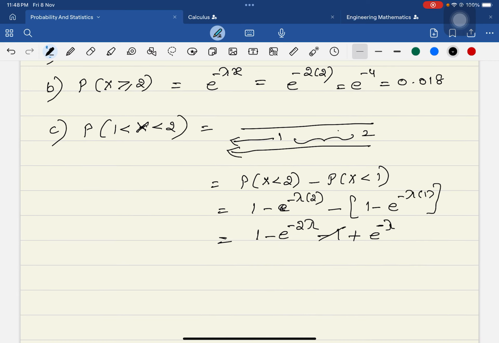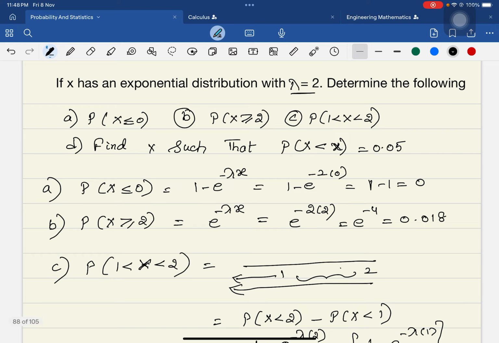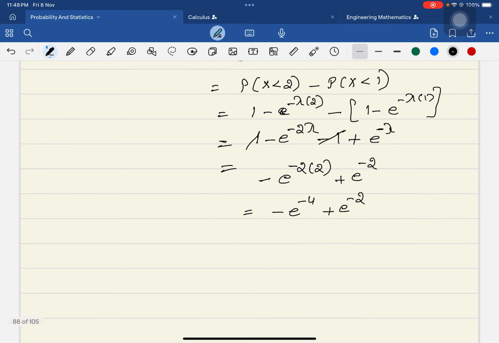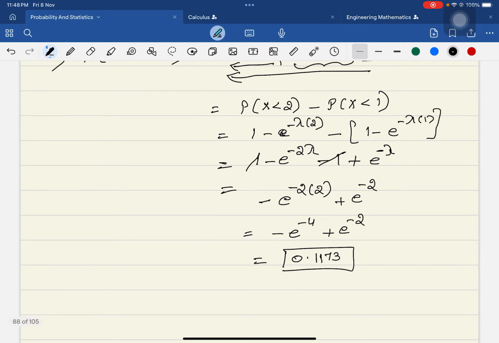So the 1 and 1 get cancelled. It is minus e raised to minus 2 times 2, since he has given the value of lambda as 2, plus e raised to minus 2. So that is minus e raised to minus 4 plus e raised to minus 2. When you apply the calculator, we can get the value as 0.1173. I hope you could understand this problem.